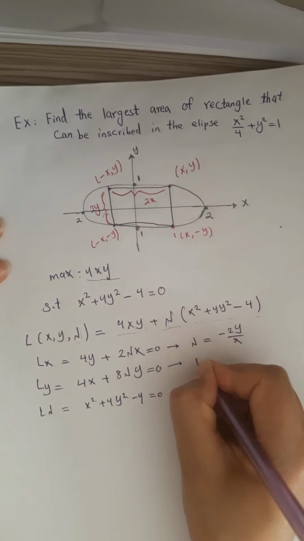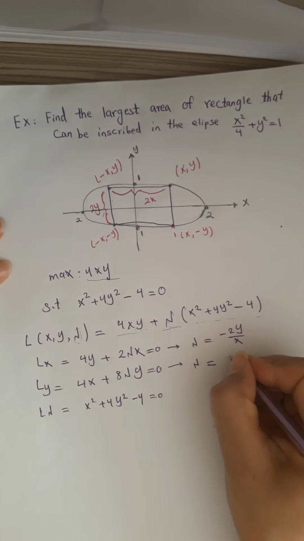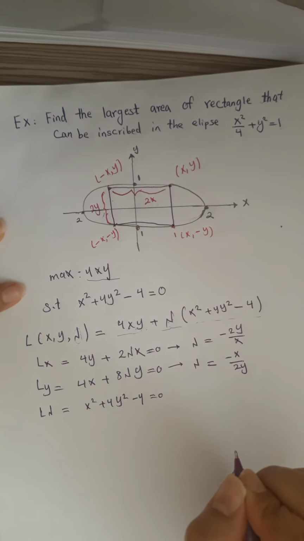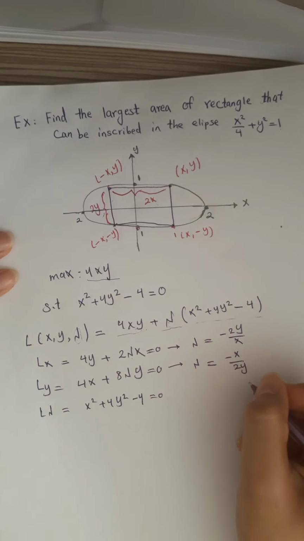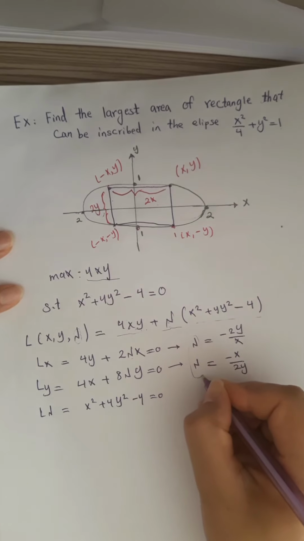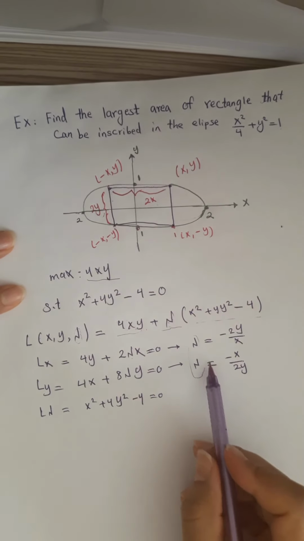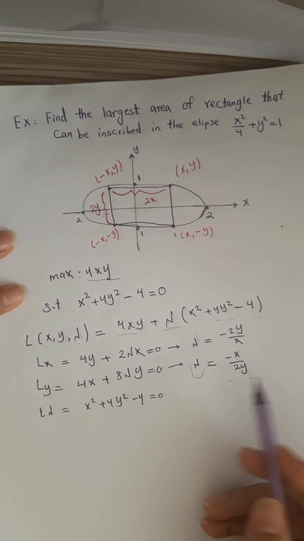And here also lambda will be equal to minus x over 2y. Now we have this situation, and as you see we have lambda in both.